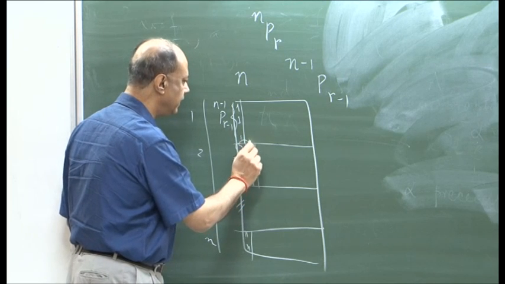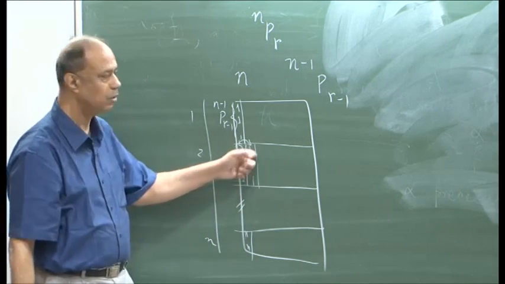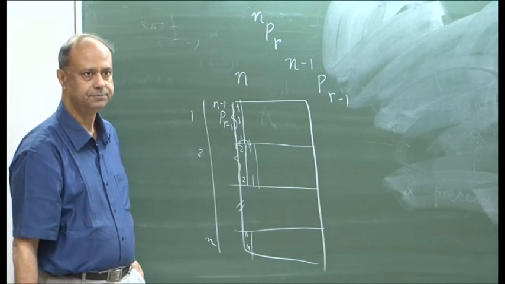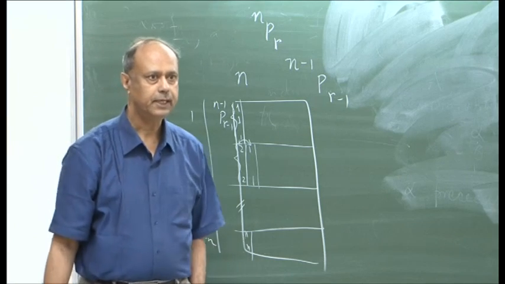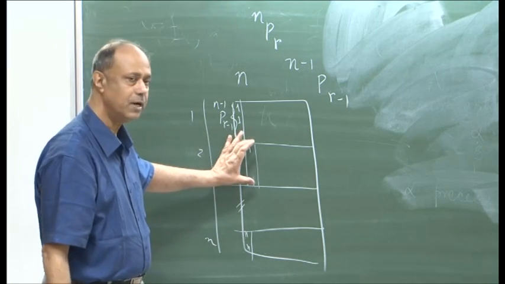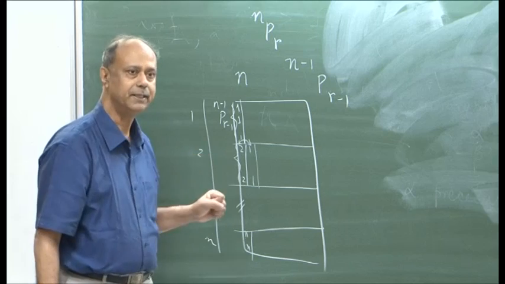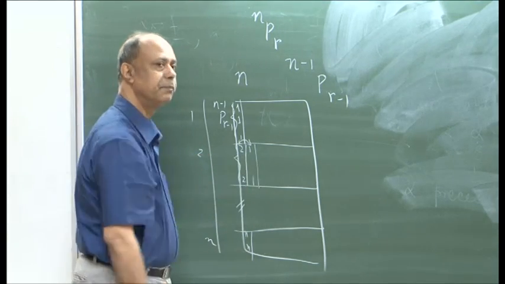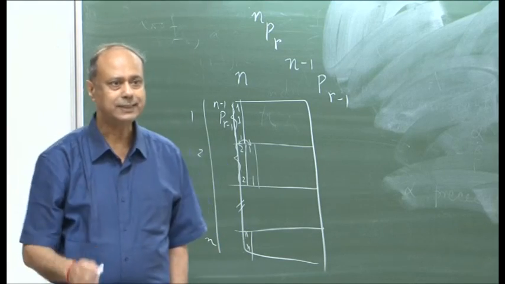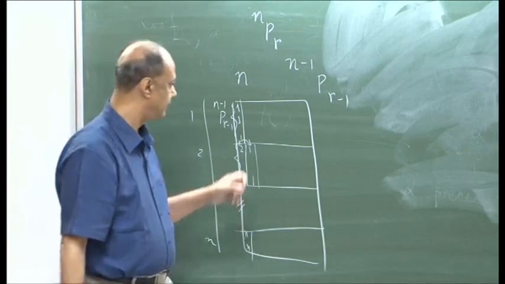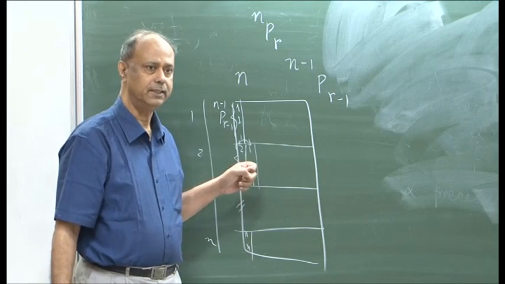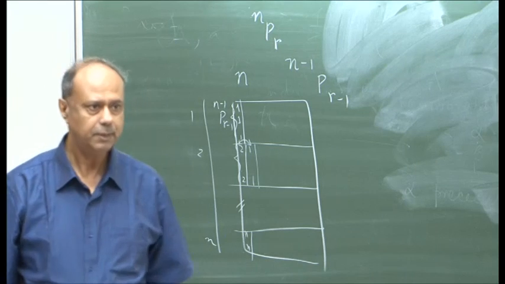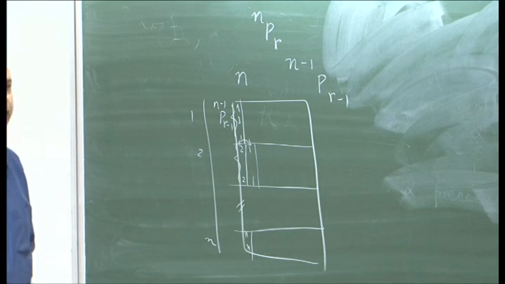I am just interchanging these two elements, I put all ones, right? And 2 comes as the first element. Is it okay? So, how many elements are having ones? That is n minus 1 P r minus 1. Now, among these n minus 1 P r minus 1, whose first element is 2, the second element of all of them will not be 1. Some of them will be 1, some of them will be 3, some of them will be 4, but not 2, because 2 has already occurred.